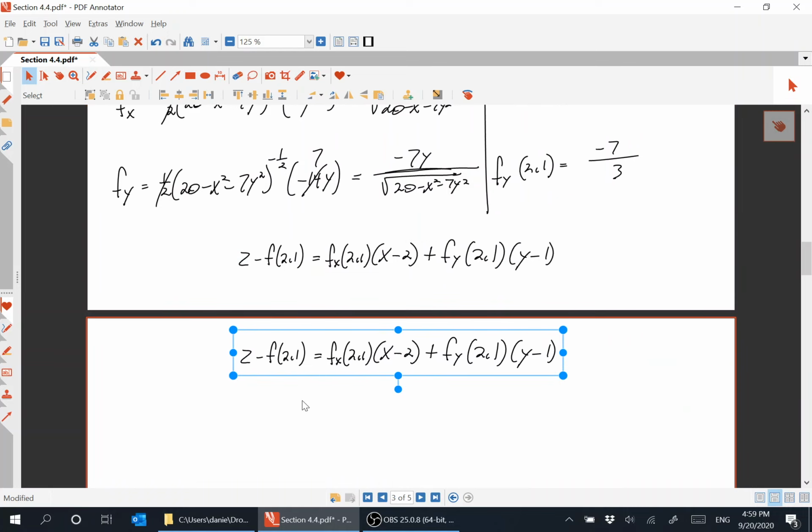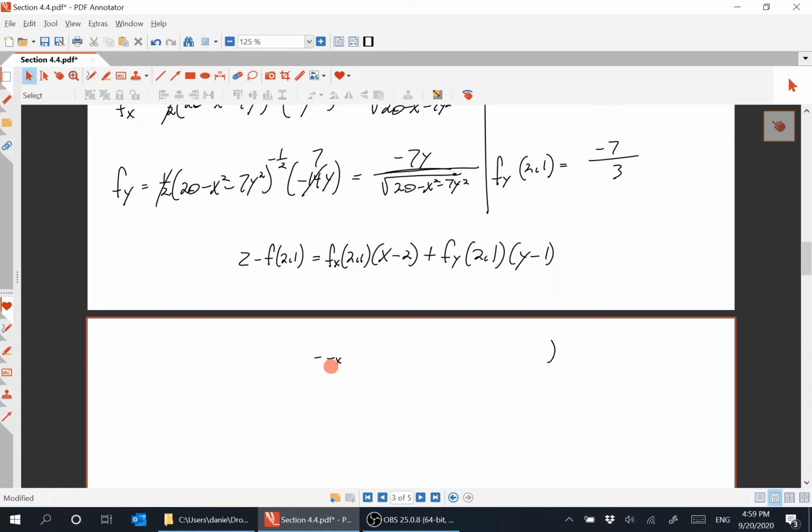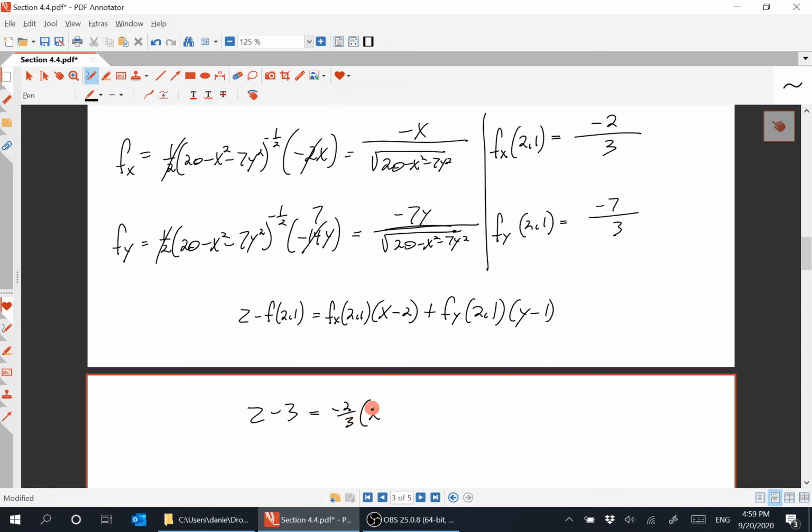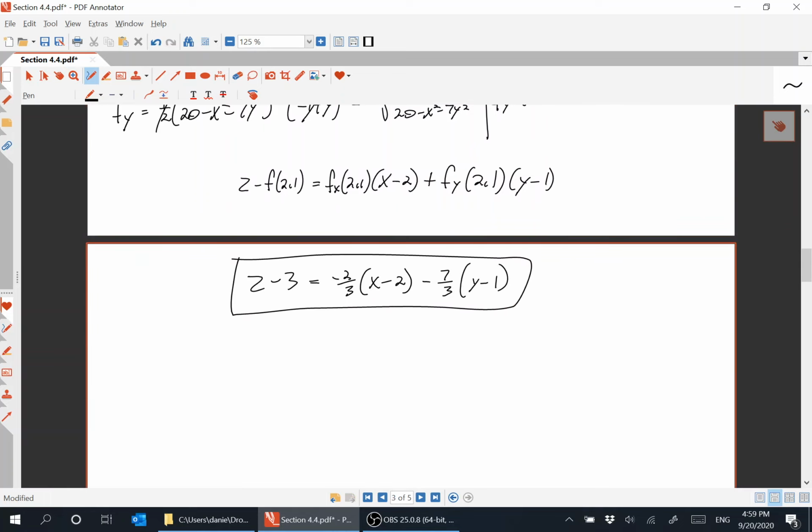Plugging in the numbers that we know, this is, copy that over, z minus 3 is equal to, so fx was minus 2/3, times x minus 2, plus fy, minus 7/3, times y minus 1. So there's the equation of the tangent plane. If you want, you can expand it further, multiply the negative 2/3 through, the negative 7/3 through, but there's no need to do that.